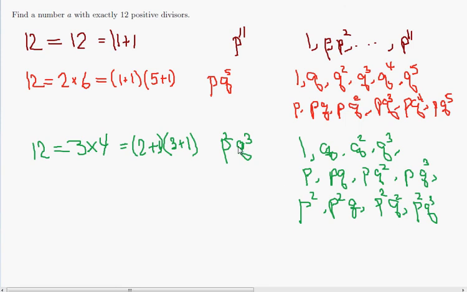So for example, for this one would be 3 squared times 2 to the third, which would be 9 times 8, or 72, a number with 12 positive divisors.